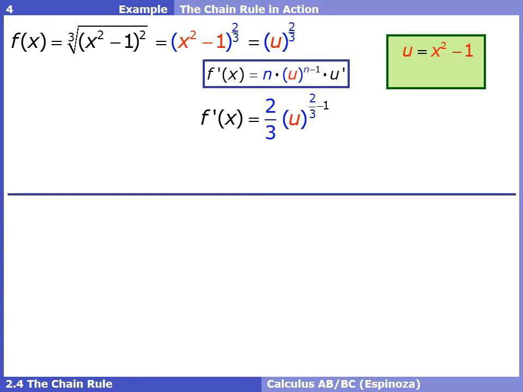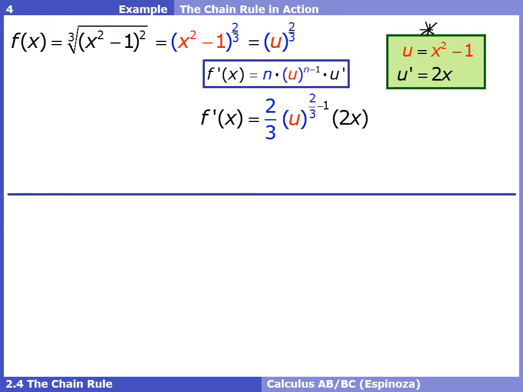Now we need to multiply by u prime, which is where we need to come back to our little u box over here that I'm starring. We need to come back to the u box and find u prime. Luckily, that's pretty simple. Our u is x squared minus 1, which makes u prime 2x. So we need to multiply by 2x at the end of the line.